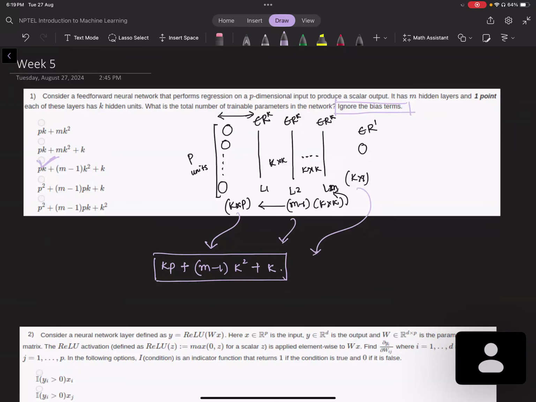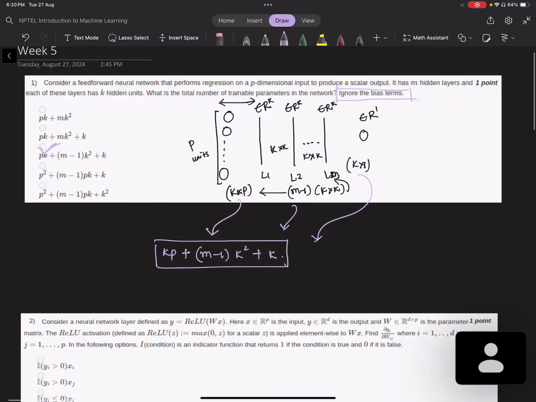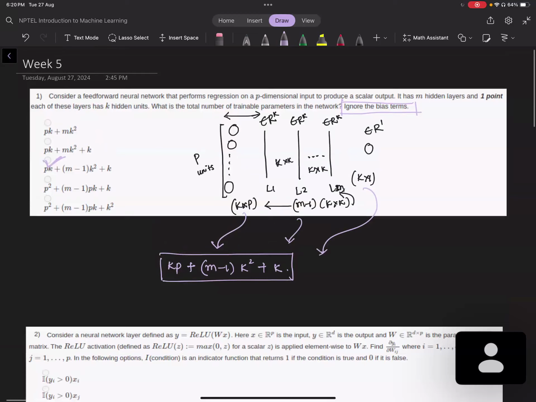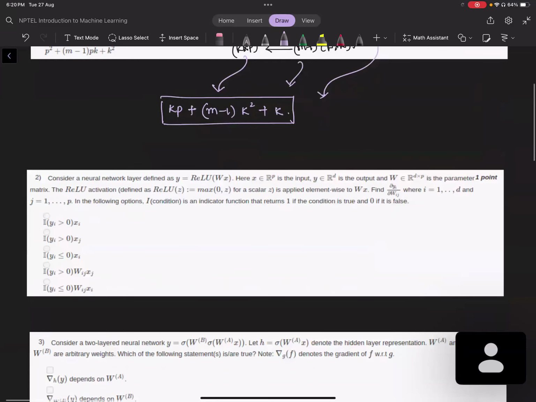No doubts? Okay, we'll move on to the next question. I hope everyone is understanding this one. They are very simple deep learning questions. Next question.